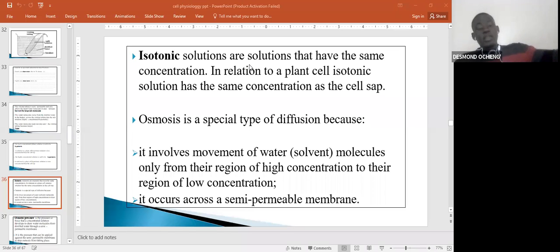Diffusion is about particles or molecules of a particular substance. They can either be solids or liquids, moving from one region where they're highly concentrated to another region where they're lowly concentrated. Okay?